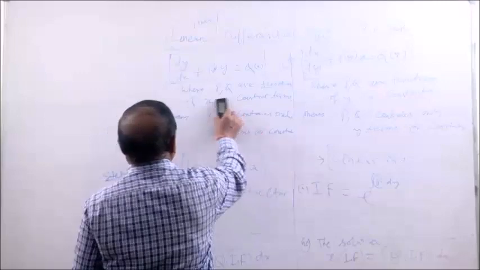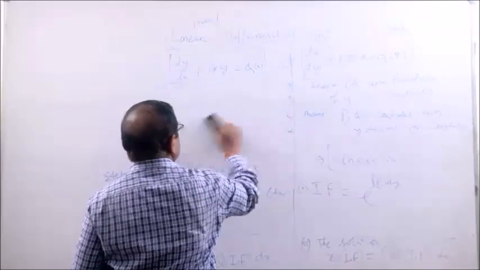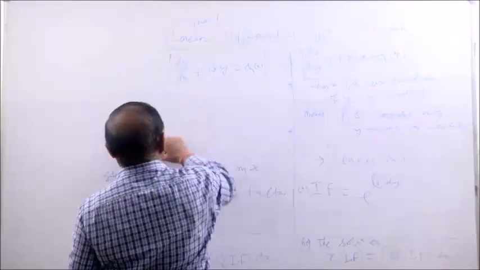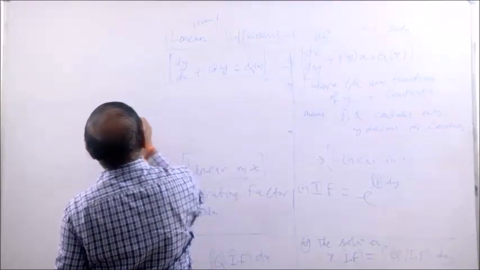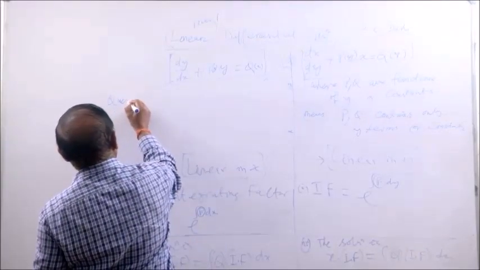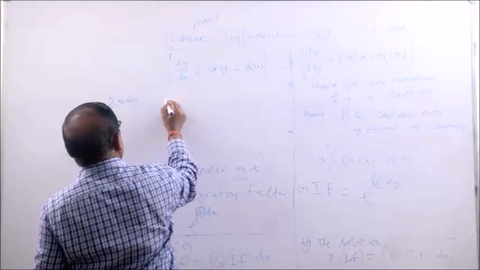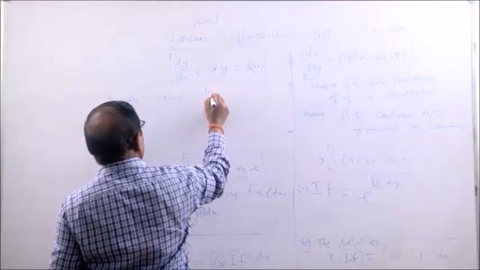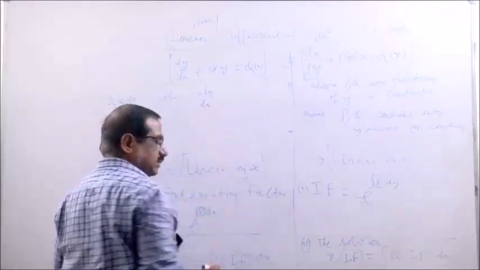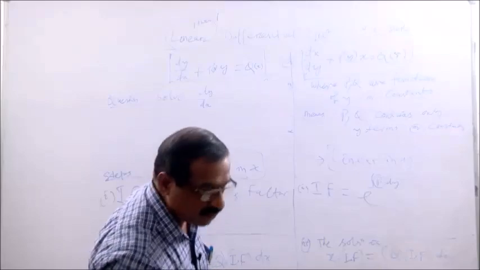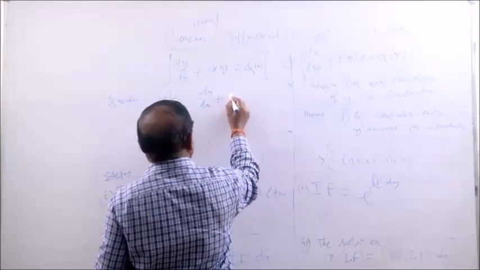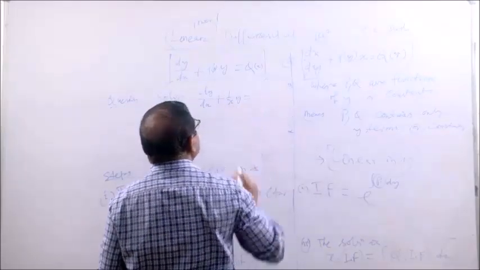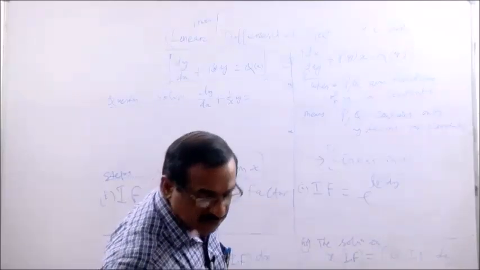Let us take a question like this. Solve dy by dx plus 1 by x y is equal to 3x.